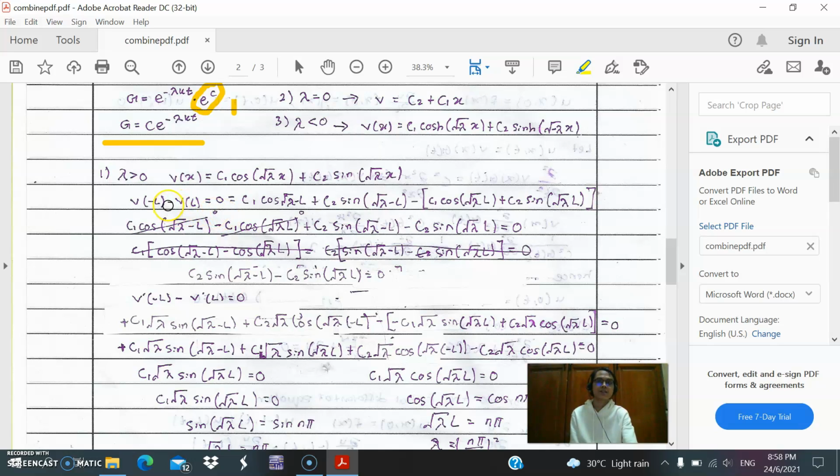Kita gantikan x dengan negatif L dan L. So, bila gantikan, C1 cos(√λ (-L)) and C1 cos(√λ L) equals to 0. So, we get C2 sin(√λ (-L)) minus C2 sin(√λ L) equals to 0.